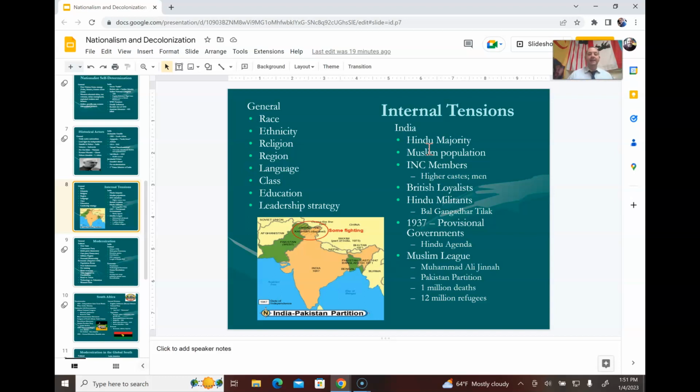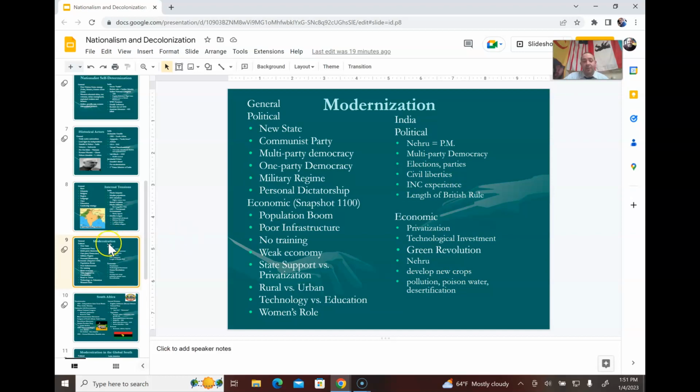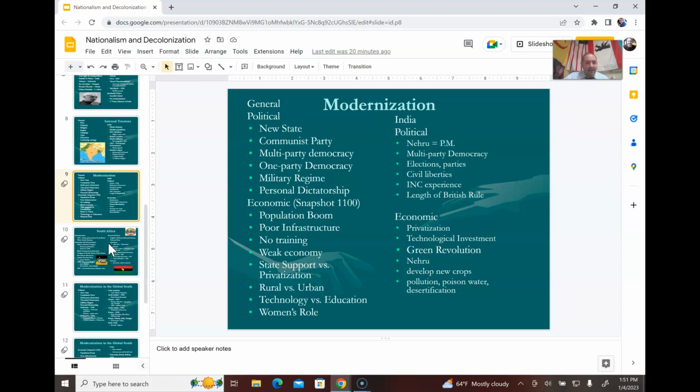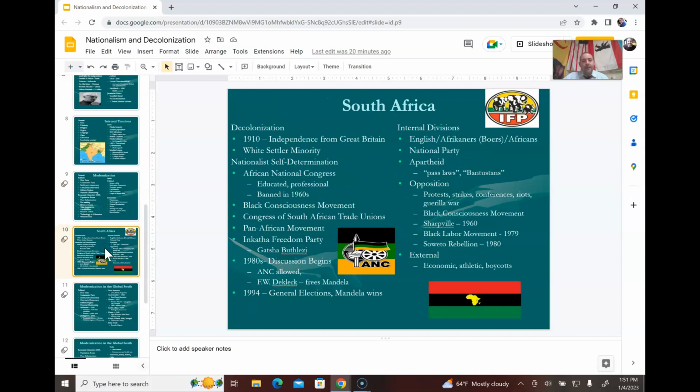And as the separation of the country has emerged into East and West Pakistan and India, there are millions of people who are killed in this respect, and millions more who are displaced as refugees.